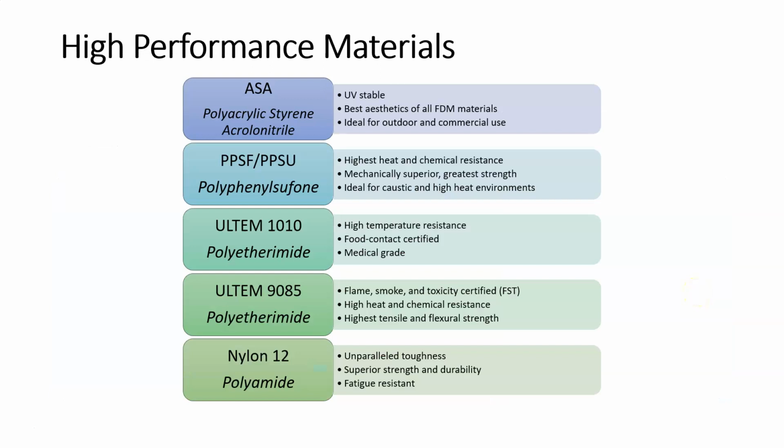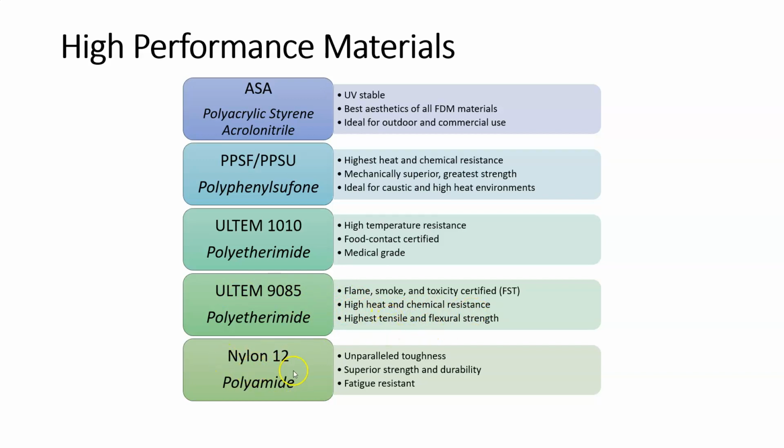Some of the high performance materials include ASA, which is acrylonitrile styrene acrylate. These are tough for me to say. Polyphenylsulfone, right? PPSF and PPSU. Ultem 1010, Ultem 9085. Now notice Ultem 9085 is high heat and chemical resistance. So we're getting some really good plastics here.